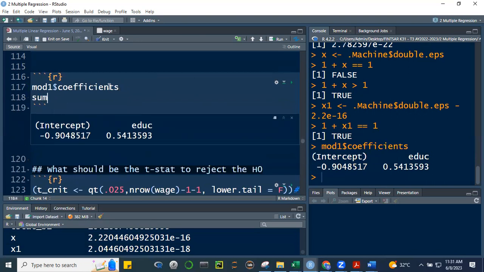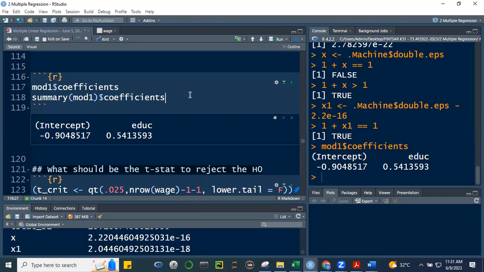But if I use the summary of mod 1 and then get the coefficients, surprisingly, it will give us a different answer. So I'm getting the summary of mod 1, which is our regression model, and then getting the coefficients.